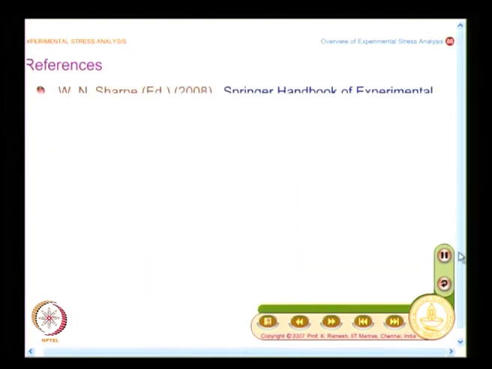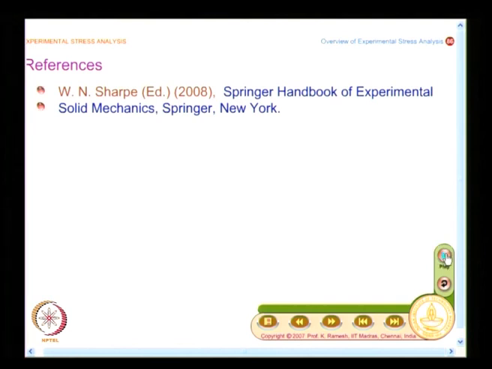And now we come to the important step of looking at what are all the references that you need to have a look at. You have a recently published Springer Handbook of Experimental Solid Mechanics. This has a large number of techniques compiled in one volume, and this is the third edition of such handbooks from the Society for Experimental Mechanics, edited by W. N. Sharpe.